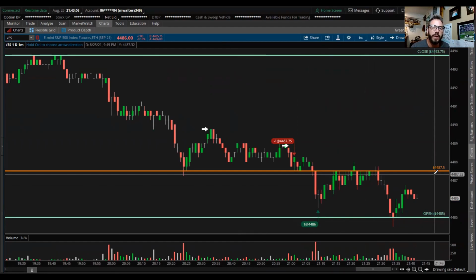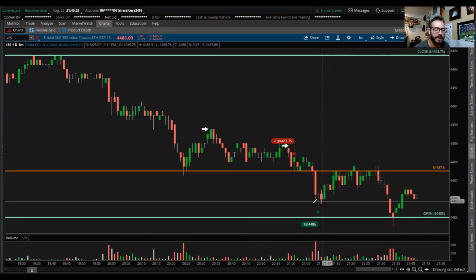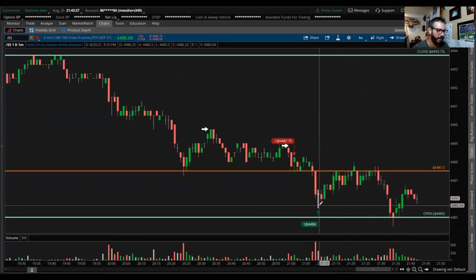I'm willing to give up 5 ticks in the loss column, but I try to get 10 ticks if I can. Well, this was 7 ticks. It didn't quite make it, but I am glad that I took profit once I saw the bounce.